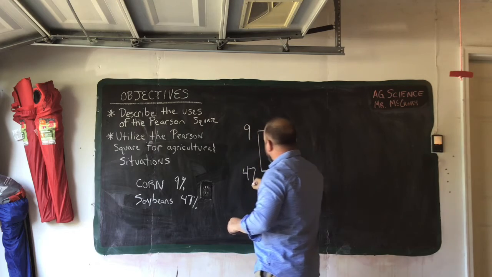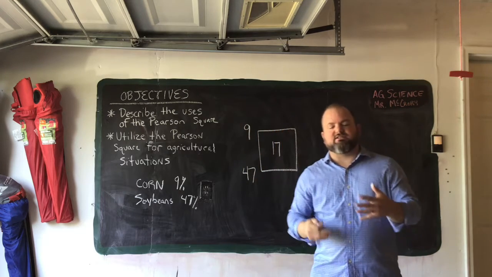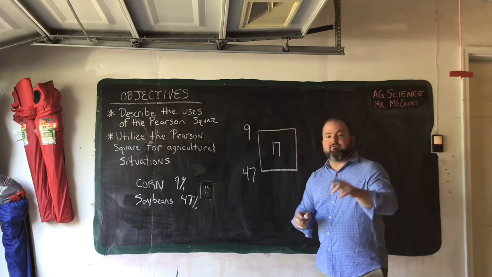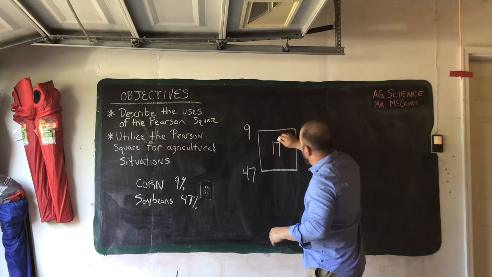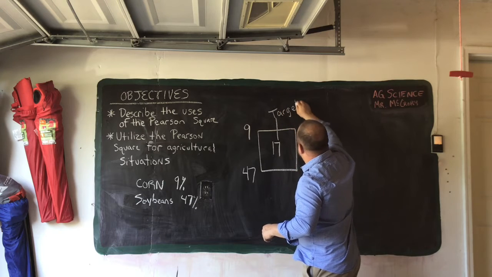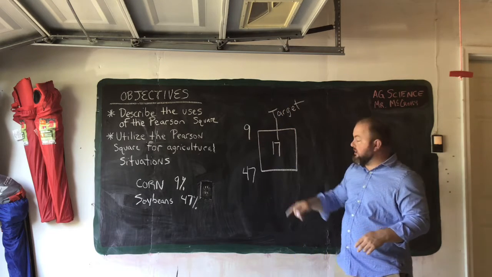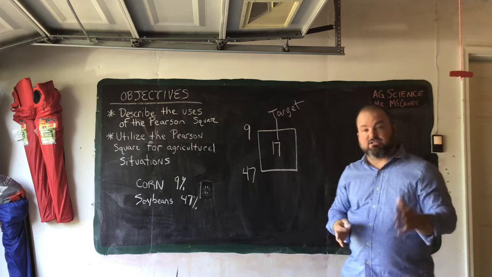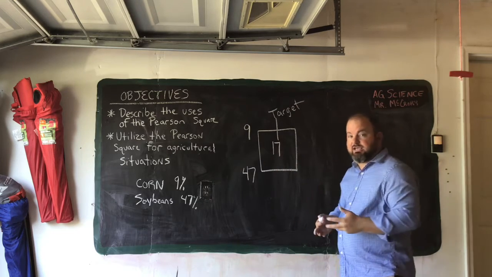So when we are organizing the Pearson square, you first of all draw a Pearson square. You have your target number right here. Then you have your low number on top and your high number on the bottom of the 2 different types of things that you are mixing in order to get this.